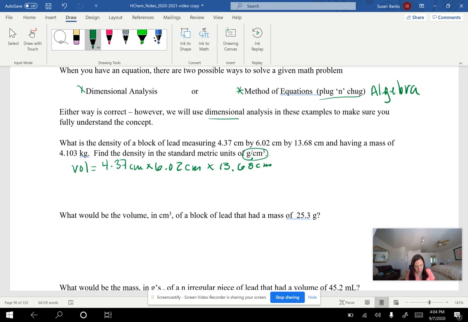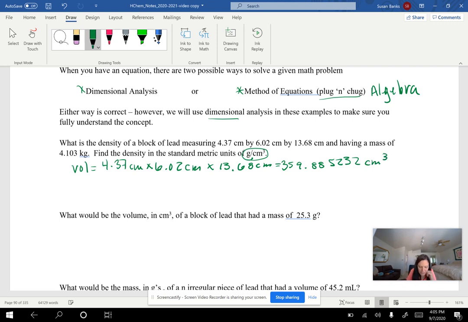So 4.37 times 6.02 times 13.68. We will get 359.885232 centimeters cubed.